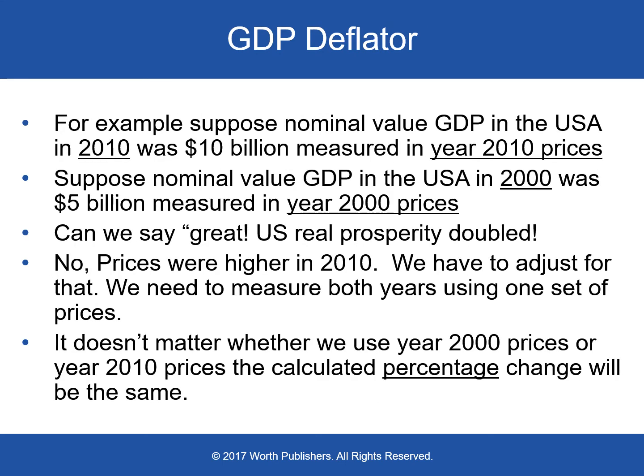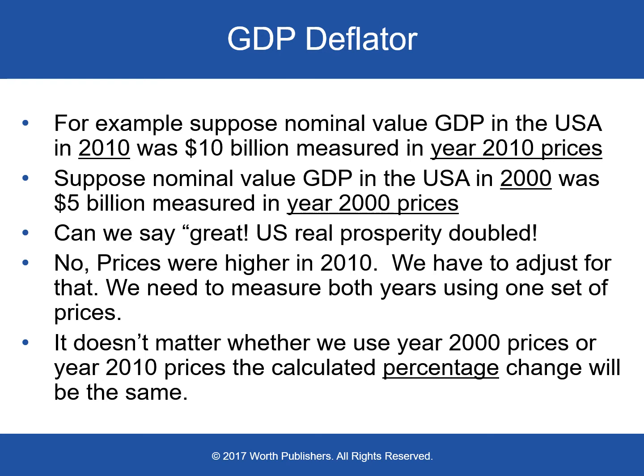It's always easier to use an actual example instead of talking about the concept, right? So let's suppose we're talking about the USA, and let's suppose for the USA in 2010, the nominal measured that year value of GDP using 2010 prices was 10 billion.